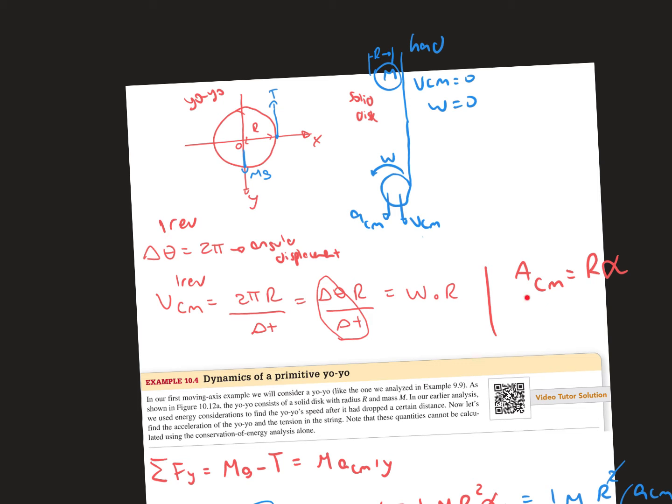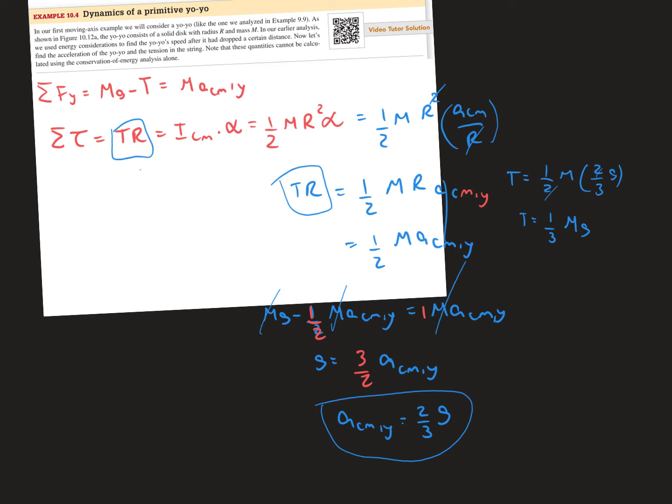In addition, we also know that the acceleration of the center mass is equal to the radius times the angular acceleration. So in this case, the sum of all the forces in the y direction is going to be equal to mg minus the tension, but the tension is the unknown.